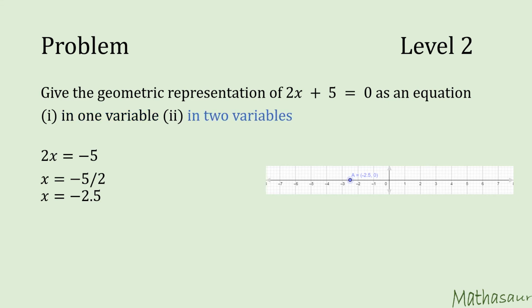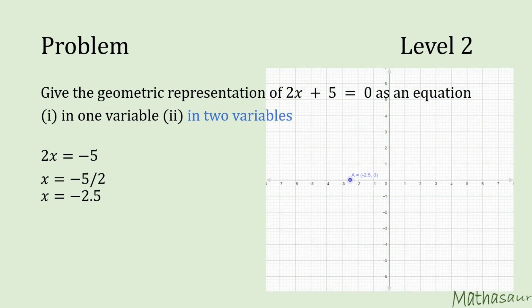What will change when we represent this in two variables? Yes, we would be plotting this in the Cartesian plane. And in the Cartesian plane, we are also looking at another variable called y. Now we know that an equation in two variables represents a straight line.